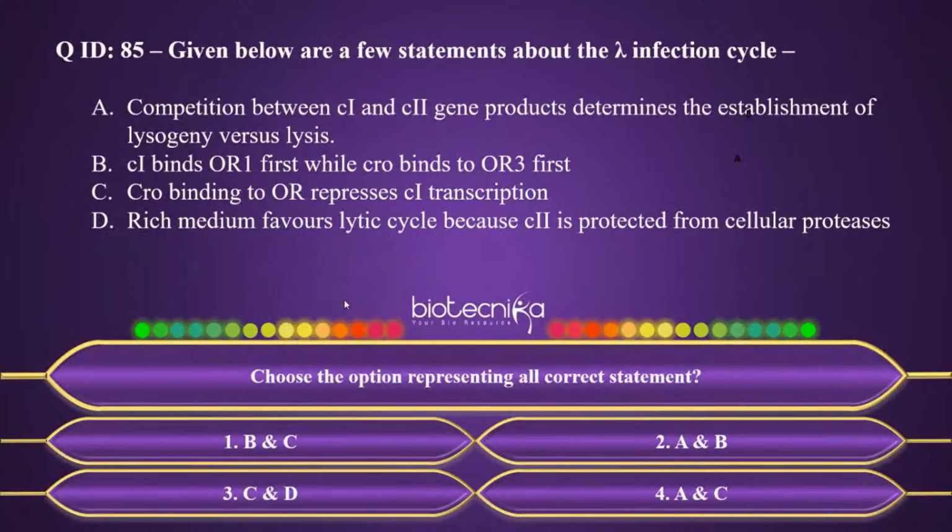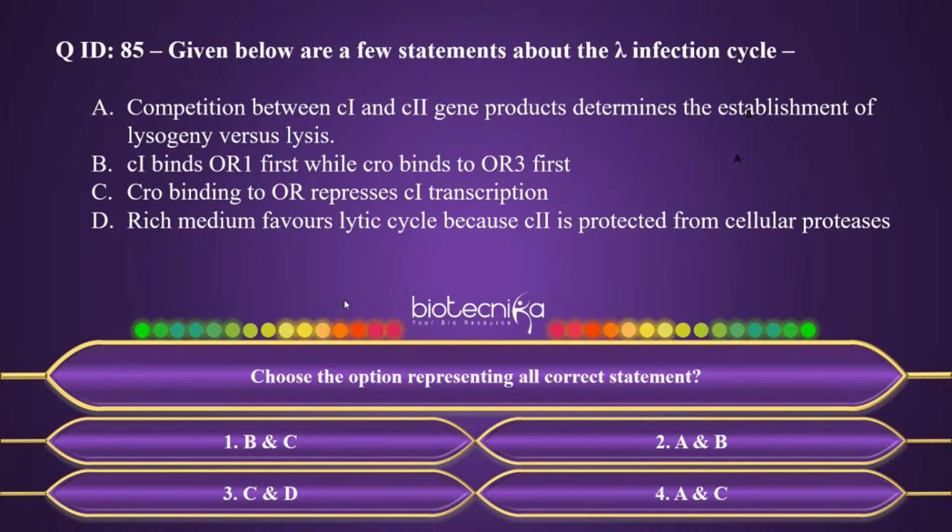Then coming to the next question, ID 85. It says that given below are a few statements about the lambda infection cycle. So this cycle everybody should know, right? First it says that the competition between the C1 and C2 gene products determines the establishment of lysogeny versus lysis.